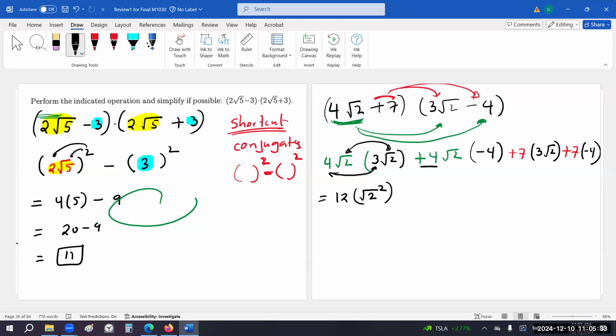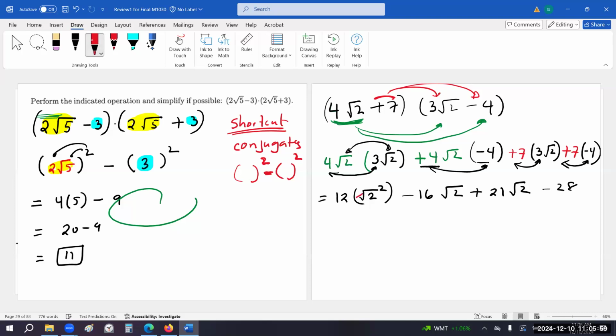And then we have plus 4 times -4. That gives us -16 root 2. Then we have 7 times 3, 21 root 2. Finally, 7 times -4, -28.